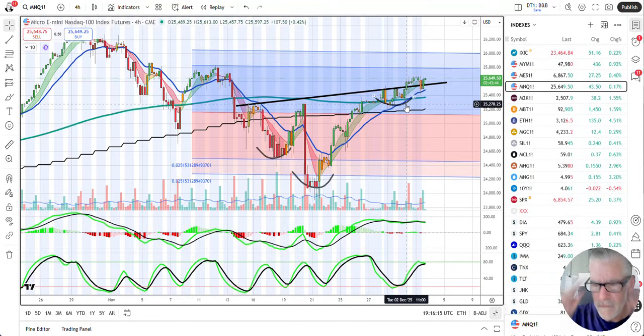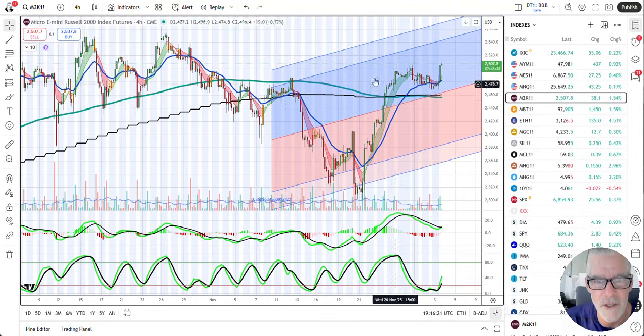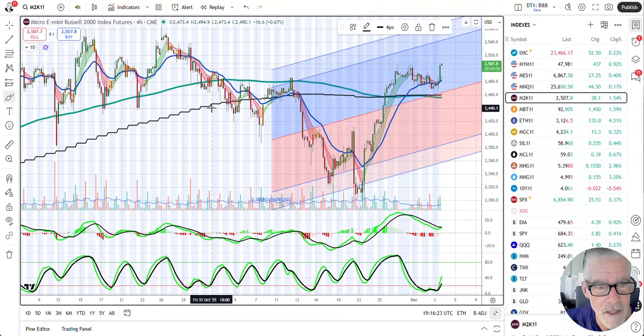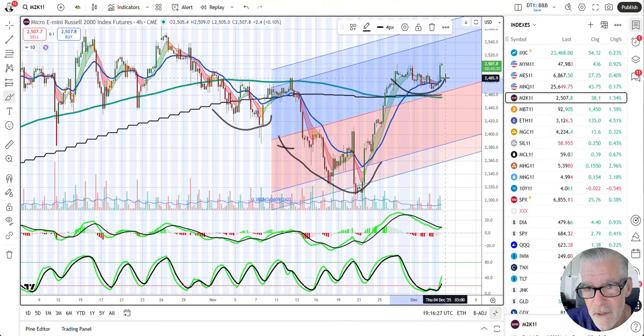Okay, now here's the thing. Well, let's take a quick look at the Russell 2000. Also very good. You have your left shoulder right here, your head, and then a nice shallow right shoulder, and like the NASDAQ, everything is up above major moving averages and getting very close now to new 52-week highs on the small cap index.